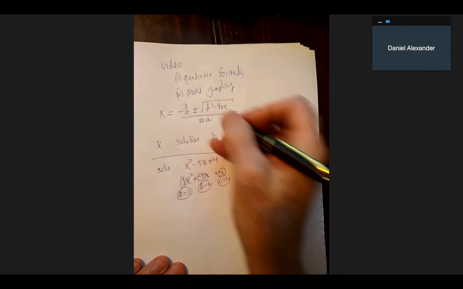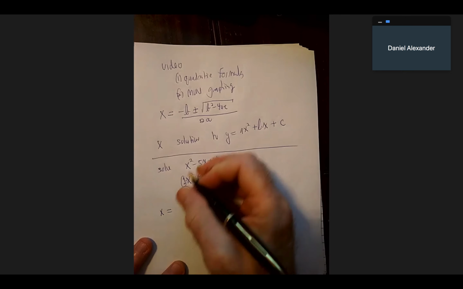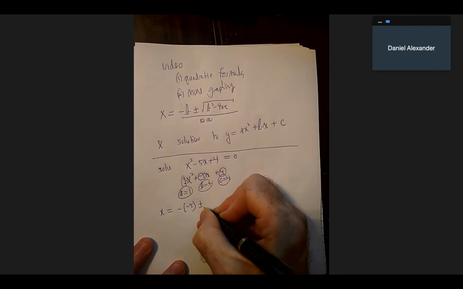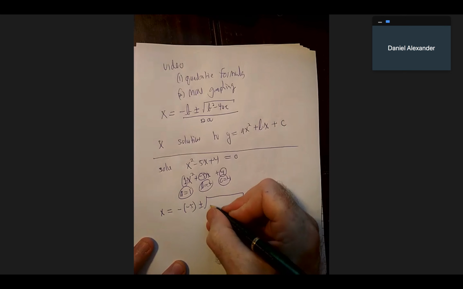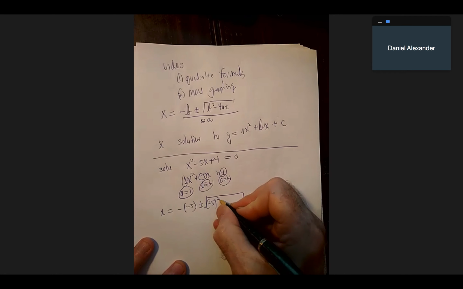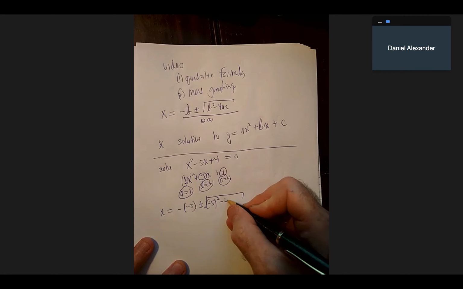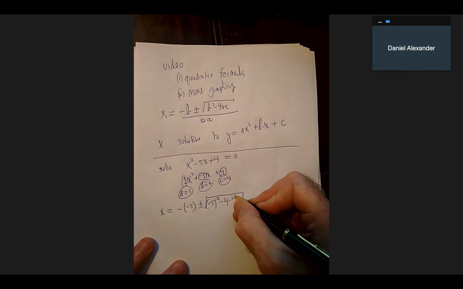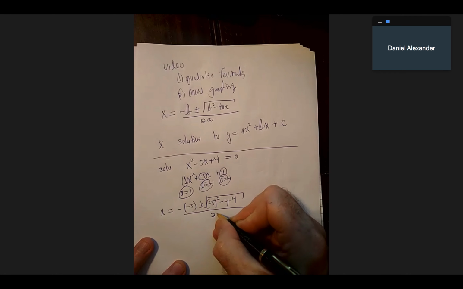So I look for my equation. I get x equals minus b, so minus minus 5, plus or minus the square root of b squared, again b is minus 5, minus 4 times a, which is 1, times c, 4, all over 2 times 1.